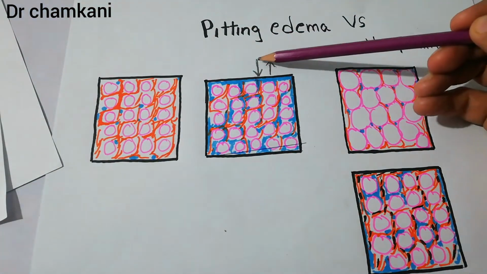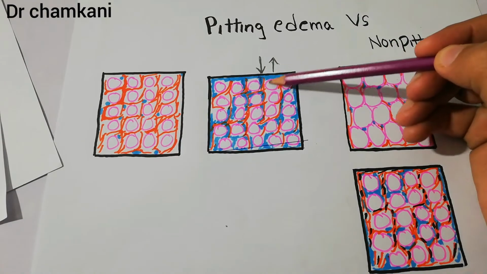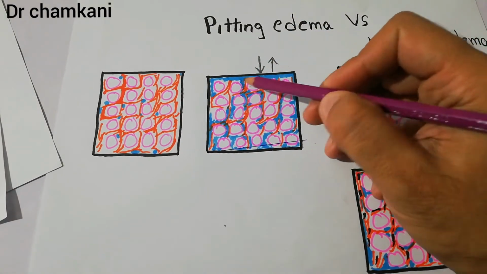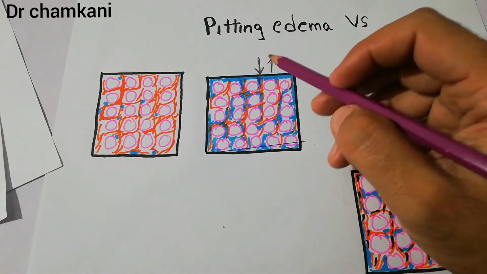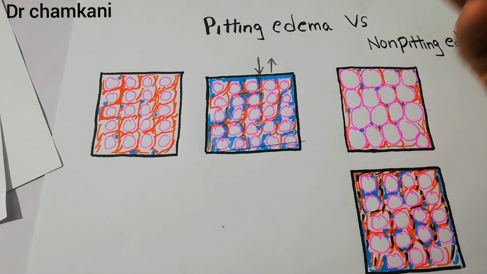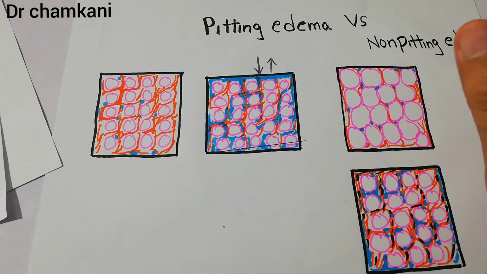So you can see that when this tissue is pressed here, there will be formation of a pit here. And it is because the fluid collected here due to edema is displaced here and there, everywhere, and that's because the fluid here in the interstitium is free to move. And such edema which occurs due to collection of fluid which is free to move in the interstitium is called pitting edema.